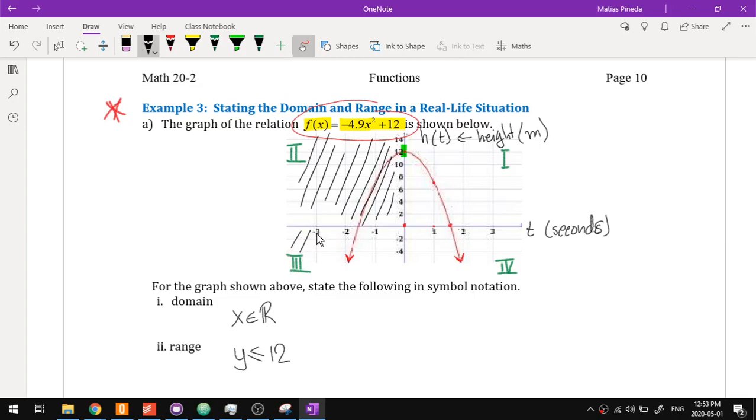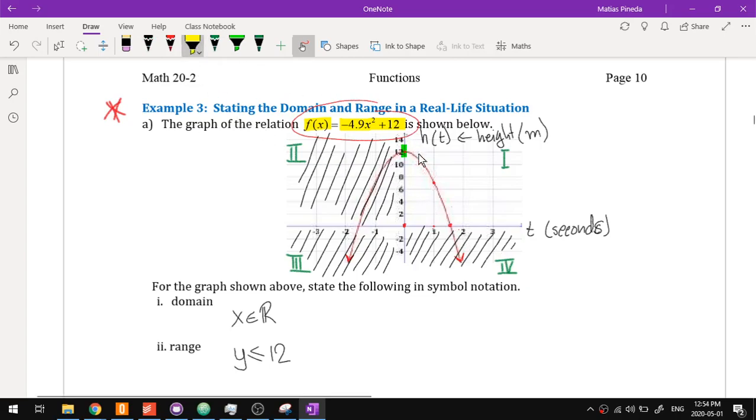Quadrant 3 would also not make sense, because within this quadrant, time is negative, and height is also negative. We're below the x-axis. That also doesn't make sense, unless the buffalo actually hits the ground and continues below ground. And then in quadrant 4, time is positive here, but the height is negative. And again, that's not going to make sense in this particular context.